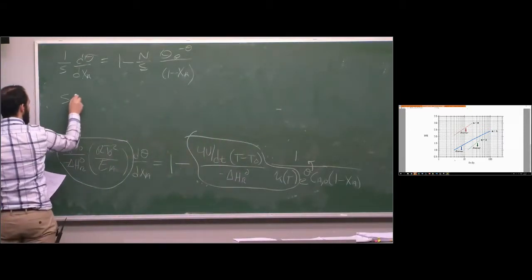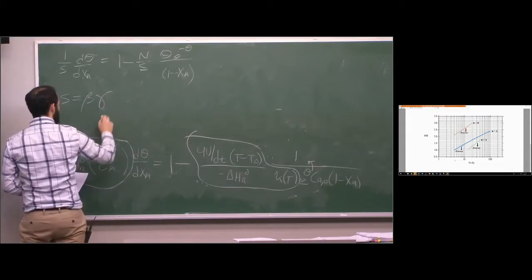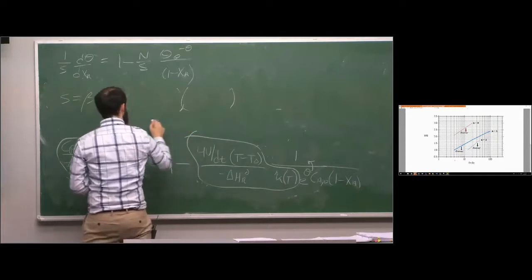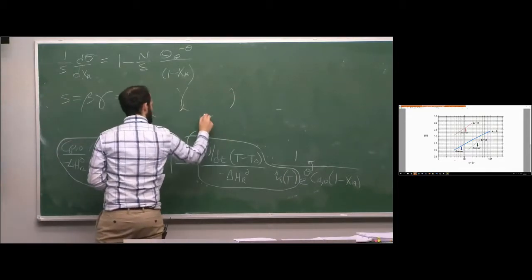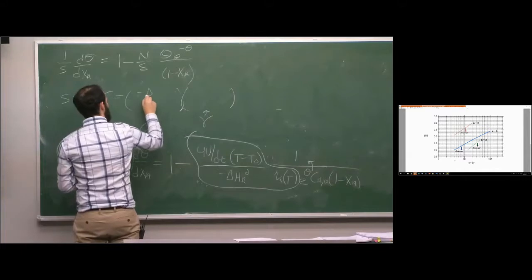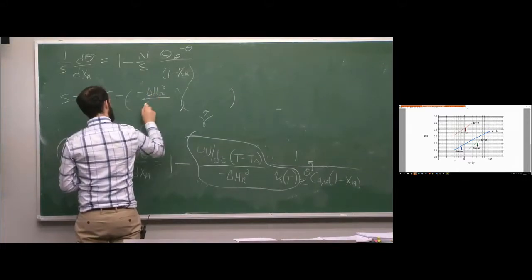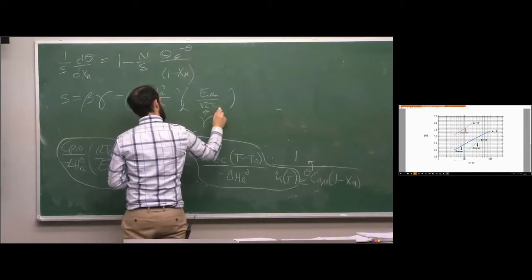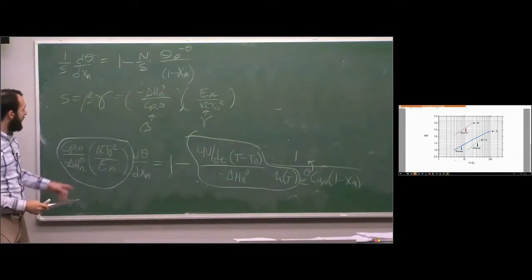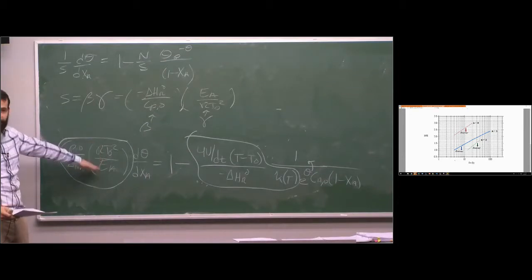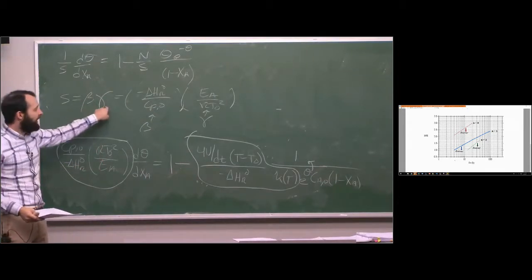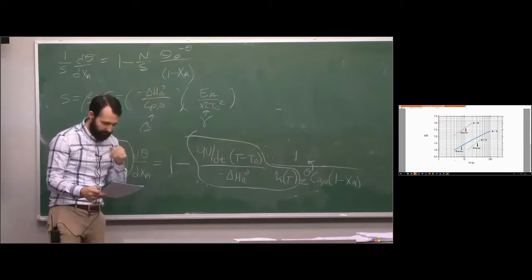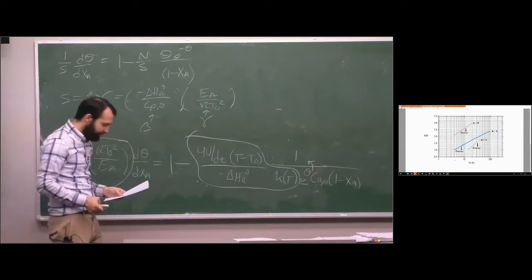It's just 1 over that. But I can also write it in terms of this beta and gamma. And so beta is this first term, gamma is the second term. Okay, everybody see that? I just take the invert because this is 1 over S. And I'm going to define 2 other terms, beta and gamma, where beta is this guy and gamma is this guy.